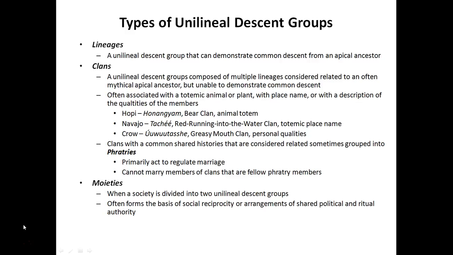There's also reciprocity, and if a member of one moiety dies, members of the other moiety are responsible for performing their burial rites, providing food, digging the grave, overseeing the ritual acts, in order to relieve the relatives of this responsibility.